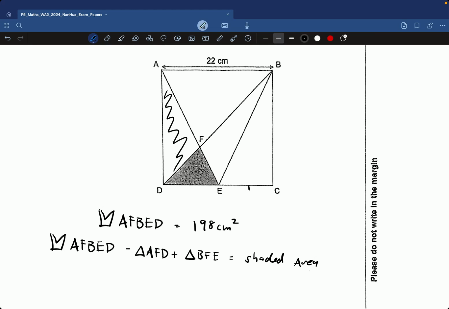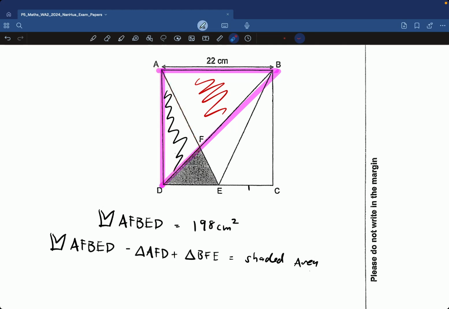To get this triangle, we need to get this triangle over here, which is very straightforward. So let's get this triangle first. Then we will need to minus this triangle. I'm going to shade this as red. So if I get the big half triangle minus this red shaded triangle, I can get AFD, right?